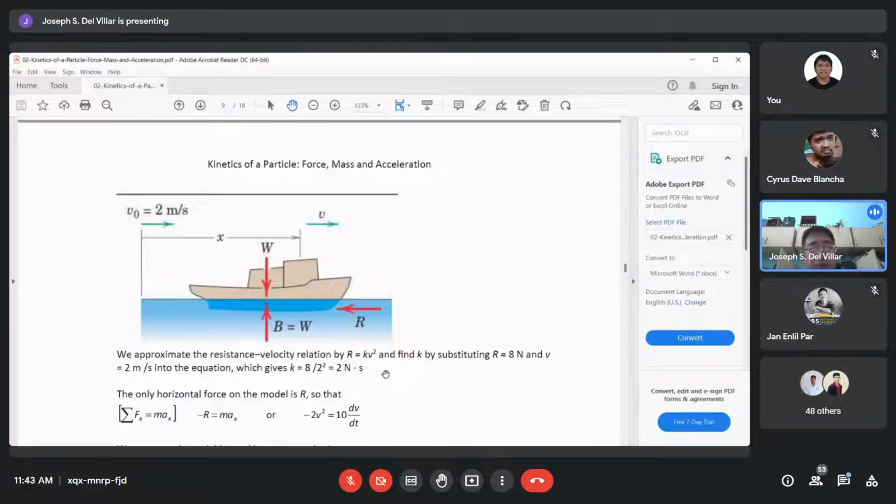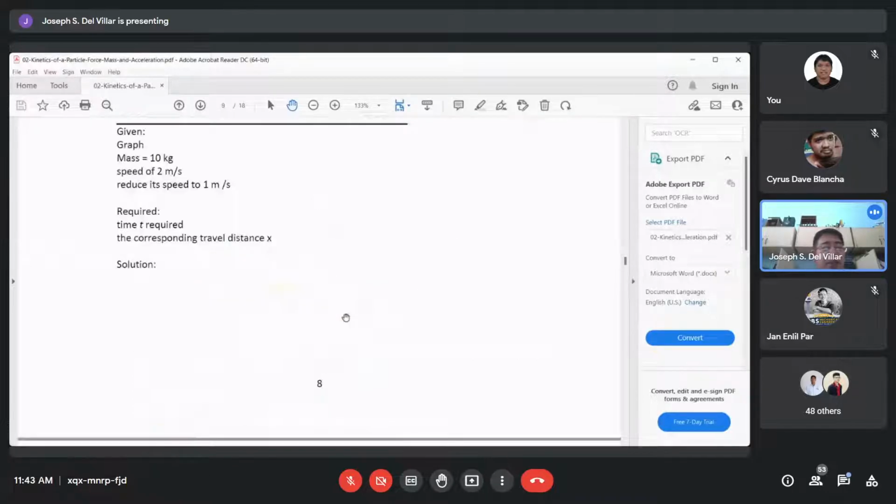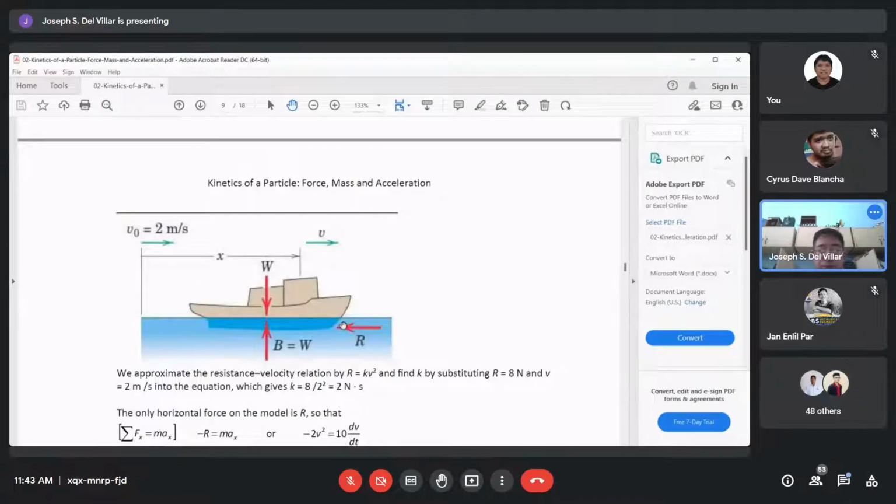Substituting R equal to 8 newtons and V equal to 2 meters per second into the equation, that will give us k equal to 8 over 2 squared, which is equal to 2 newton-second squared per meter squared.